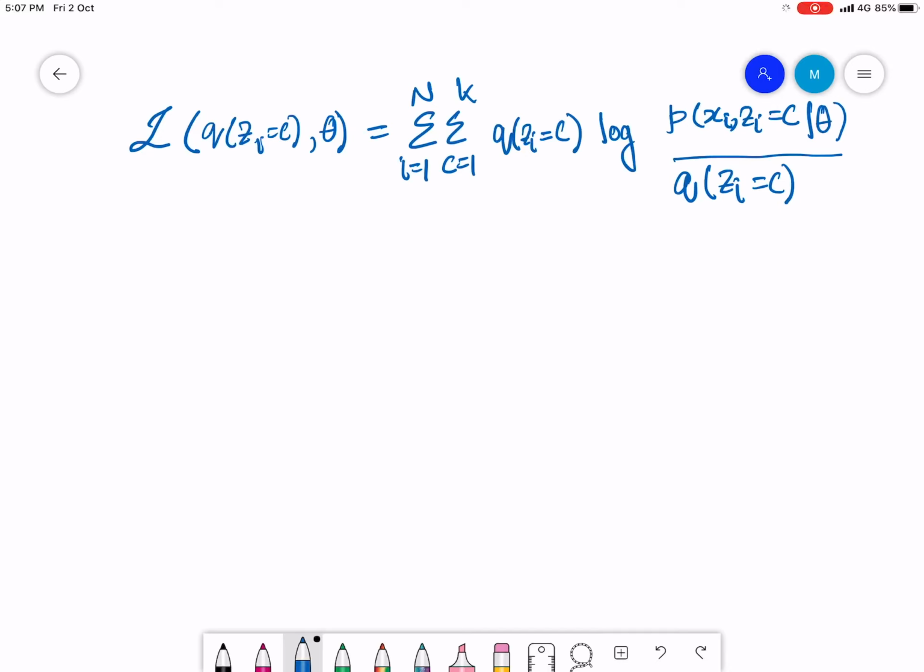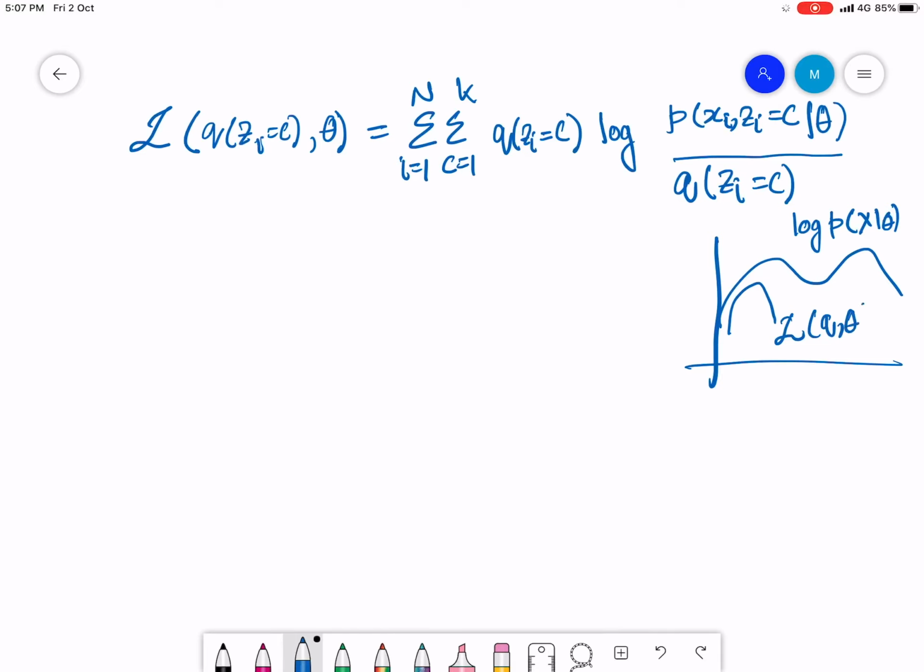We established that this is a lower bound on log of p(x given theta), and this L is indeed a lower bound using Jensen inequality.